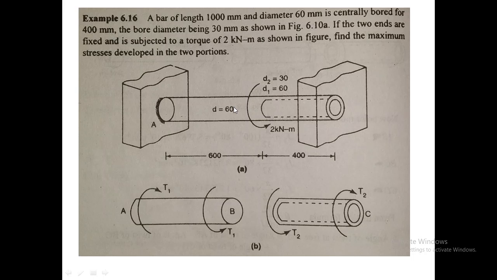Material is the same, the G will be the same, the rigidity modulus will be the same, and outer diameter and inner diameter are given, and length is given, and torque applied is given.